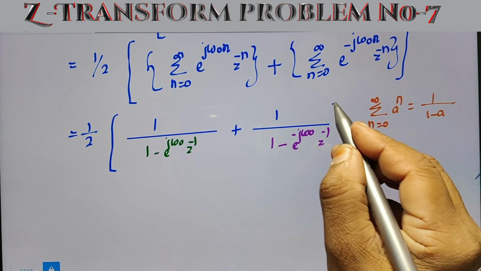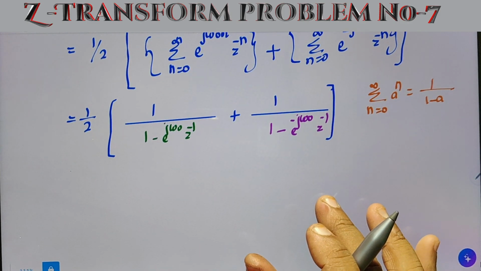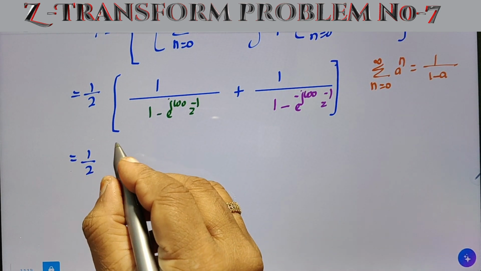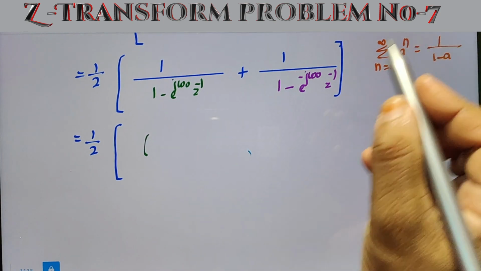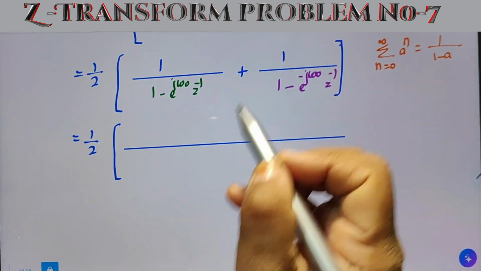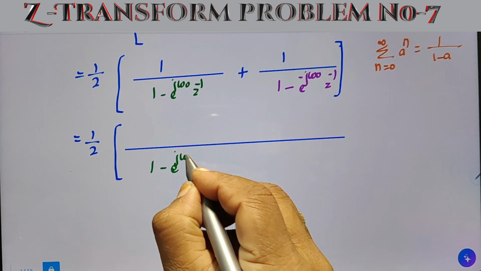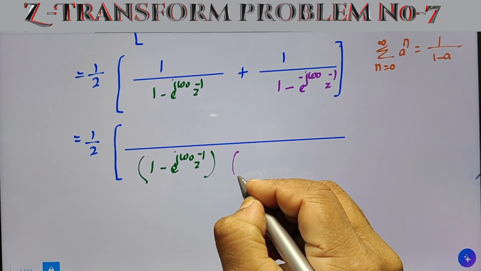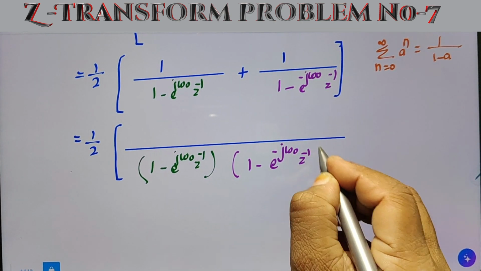Then close the bracket. Next take LCM, equal to 1 by 2 the whole bracket. Write the first term in the denominator: 1 minus e power j omega naught into z power minus 1. Likewise for the second term, 1 minus e power minus j omega naught into z power minus 1.